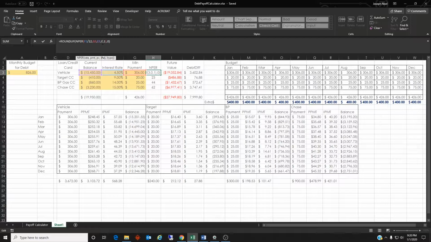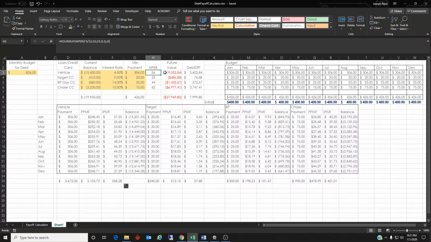And the future value we want to be 0, so we put in 0. And then the type is either the payment's due at the end of the period, which is a 0, which I probably should use, or the beginning of a period, which is 1. It defaults to 0. And then the end of my ROUNDUP statement, which is I rounded up to the nearest 0 decimal places. No decimal places.